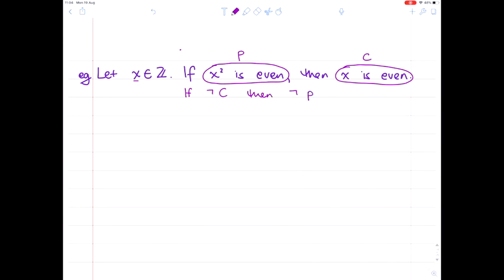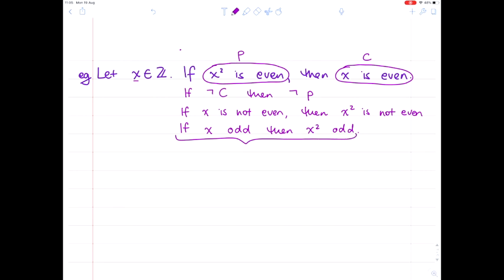If we write this out in simpler terms, we're going to say if x is not even, then x squared is not even. But hang on a moment, we can actually simplify this a bit more. We can rewrite this as: if x is, well, not even means it's odd, then x squared is odd. But we actually just did this proof. So you can go back and check that.